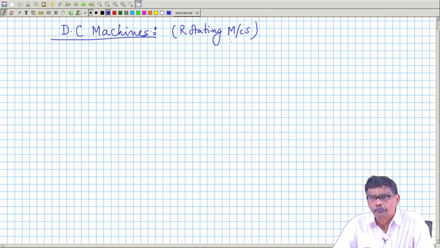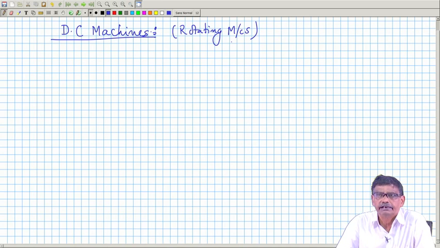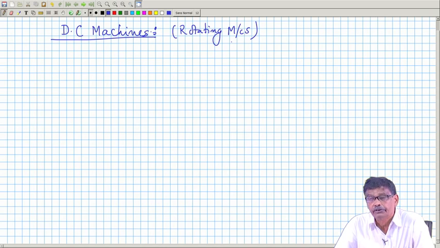This was quite obvious, but nonetheless people started developing DC machines first. And we will see that it is not so easy, because the voltage induced in a coil when it is rotated in a magnetic field will be essentially alternating in nature. So, you have to do something extra to convert that AC voltage to DC.